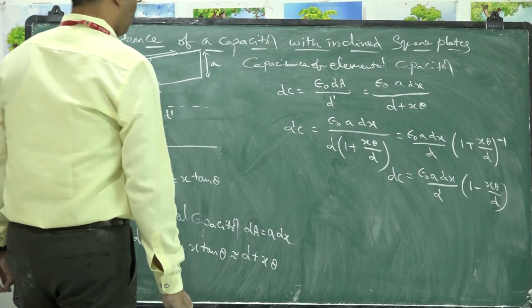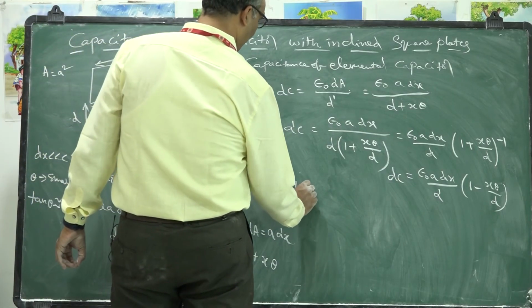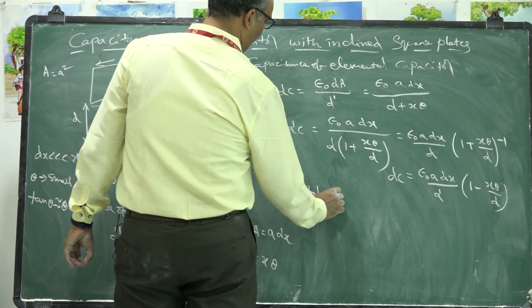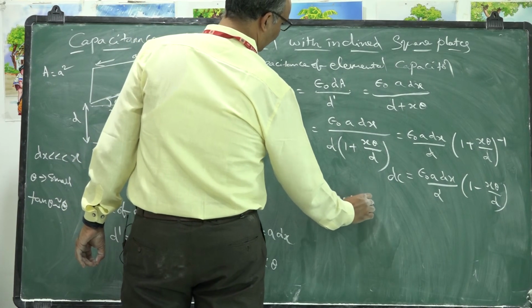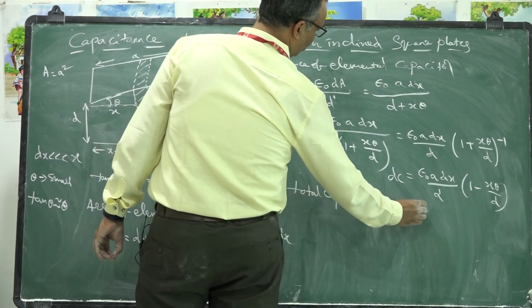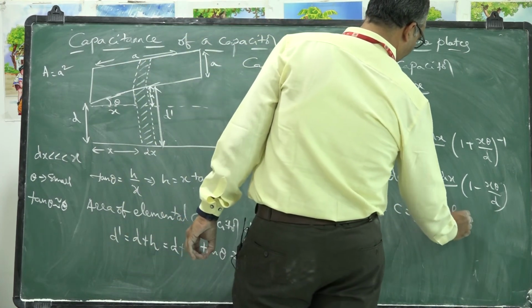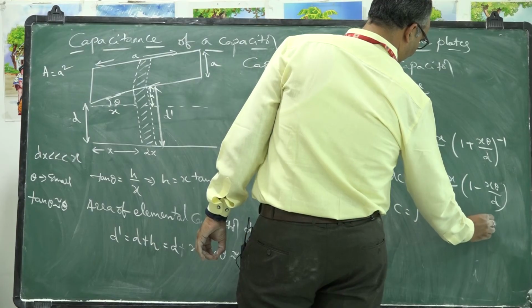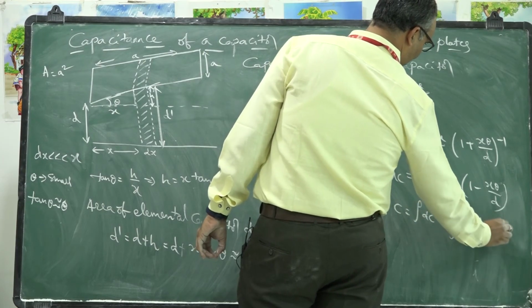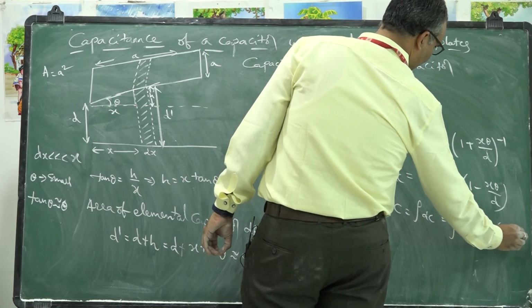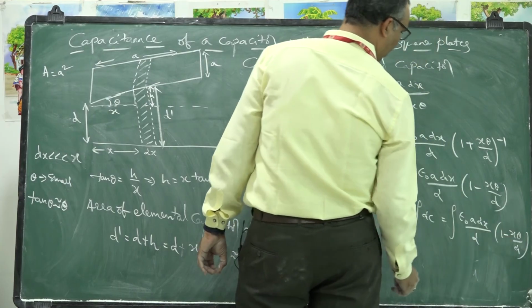Total capacitance C is equal to the integral of dC. That is nothing but the integral of epsilon naught a dx by d into (1 minus x theta by d).